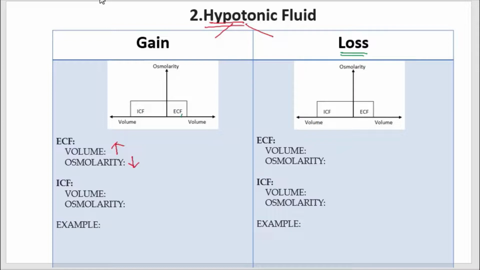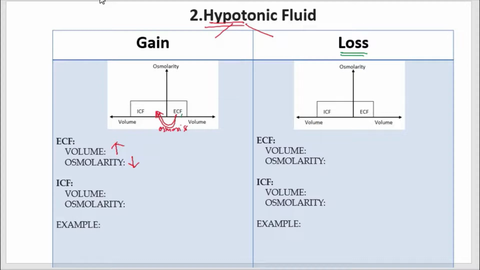And when the osmolarity is decreased, water starts shifting from the ECF to ICF via osmosis.